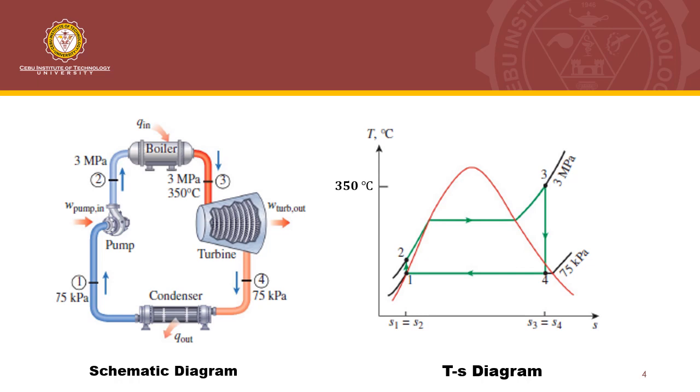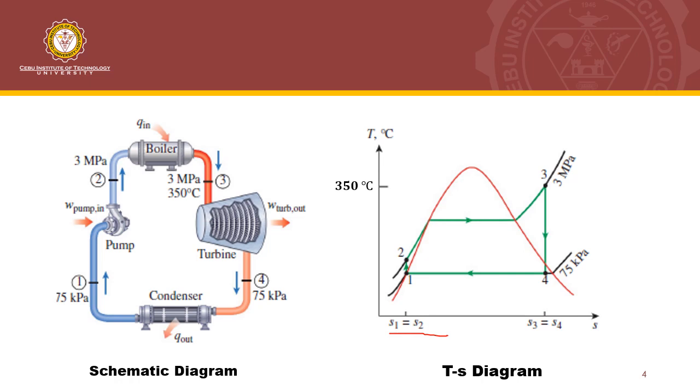You can see here, when it enters the turbine, it will undergo an isentropic process. In the same way, process 1 to 2 is also an isentropic process. That's why we have here S1 equals S2. It means that the entropy at point 1 is the same as the entropy at point 2. Same also with process 3 to 4. This is an isentropic process.